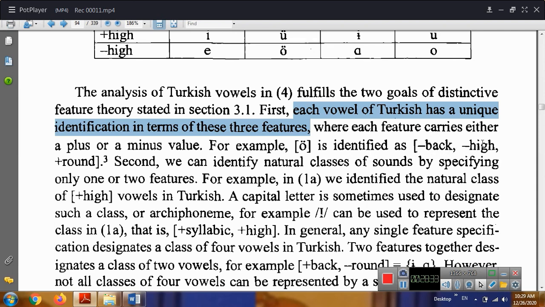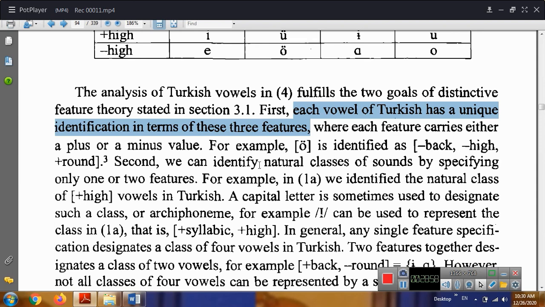We have a comma, the second distinctive feature, minus or plus, and after that we have a comma, followed by the other feature. Therefore, for O, we identify it by these features: minus back, minus high, plus round.